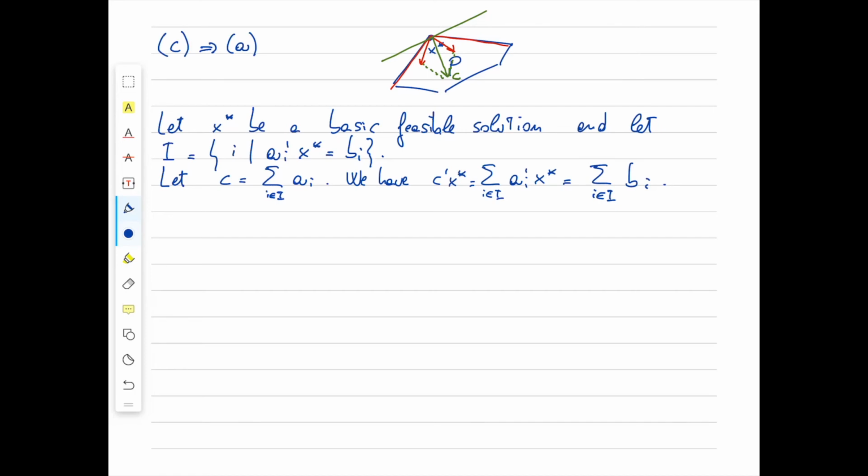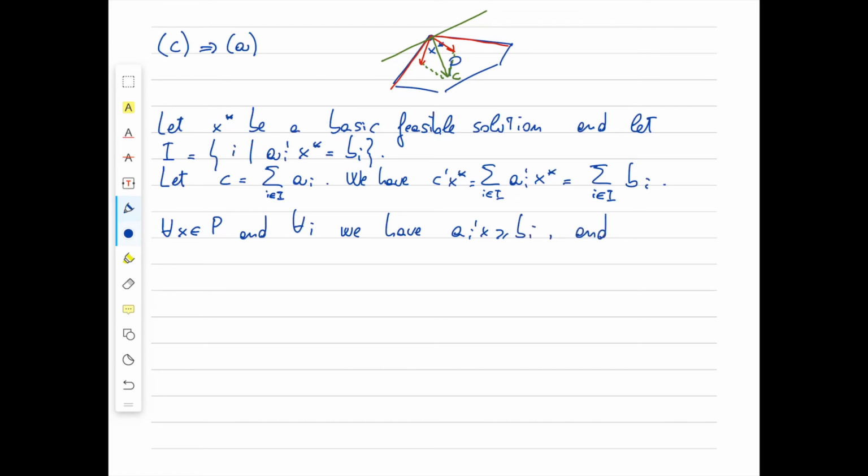On the other hand, let's look at the cost of any other vector x in P. For every x in P and for every i, we have a_i transpose x greater than or equal to b_i from feasibility.